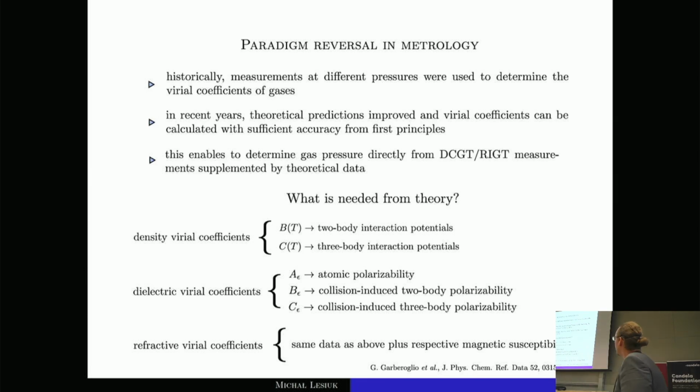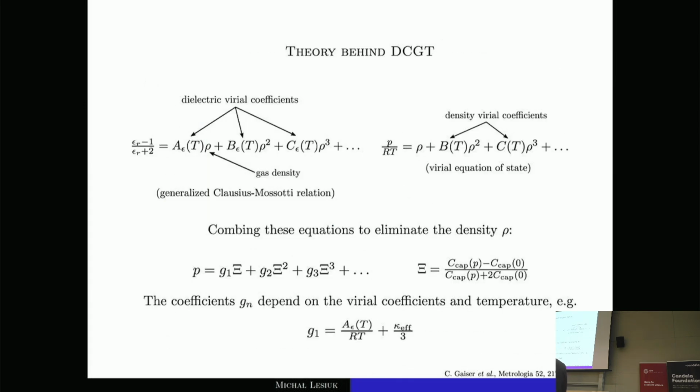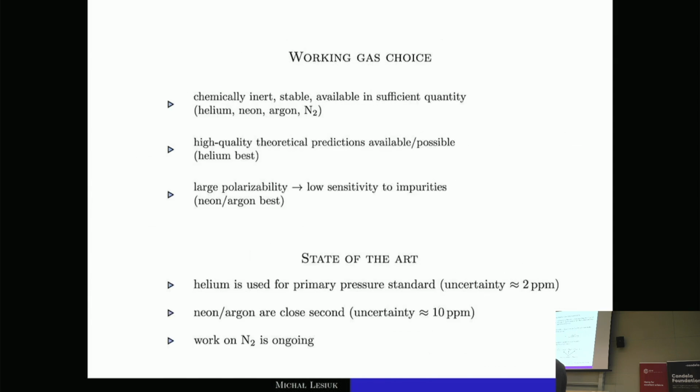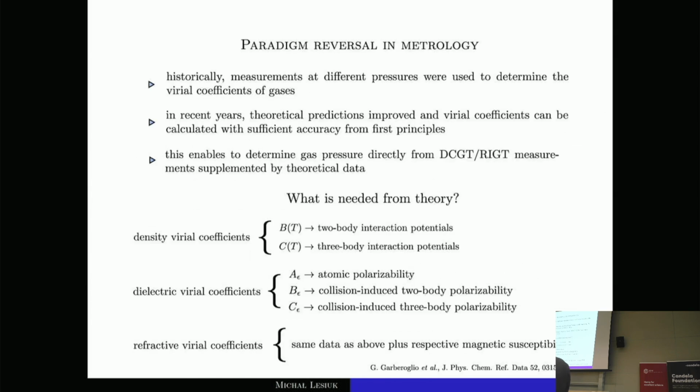So what do we need from theory to calculate all these coefficients? For the density virial coefficients, which are the coefficients in the standard virial equation of state, for the second virial coefficient we need two-body interaction potentials. For the third virial coefficient, we need three-body interaction potentials.